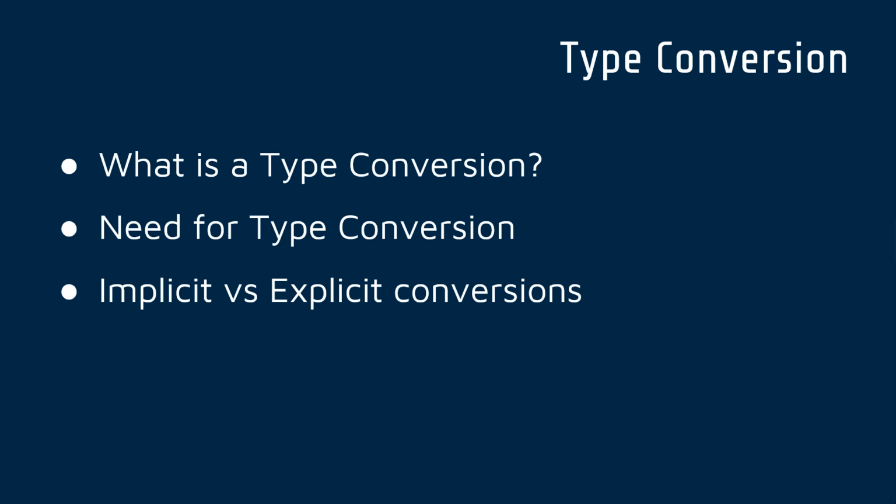Or the other option is to use the type conversion that we have with Python. Here we have two types of type conversion available to us: one is known as implicit type conversion and the other is known as explicit type conversion.